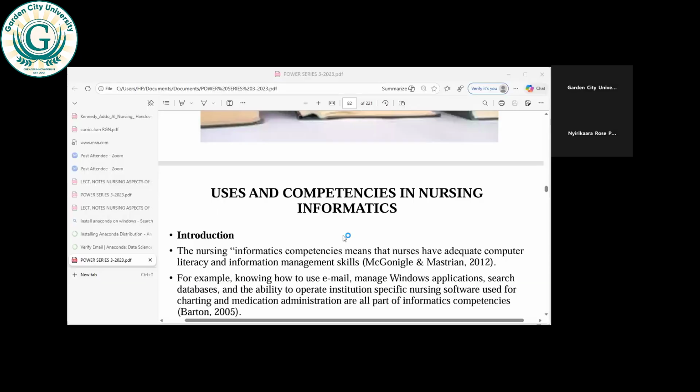You should also have knowledge about how to use the utilities in the facility or the health sector, and have that kind of leadership role so that you should be able to know how nursing informatics plays. That's my understanding.